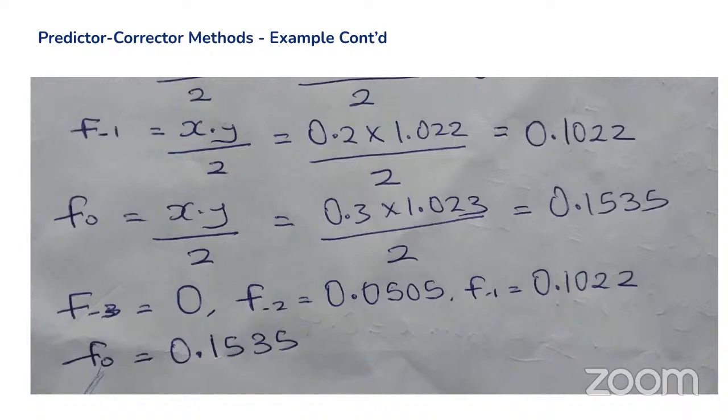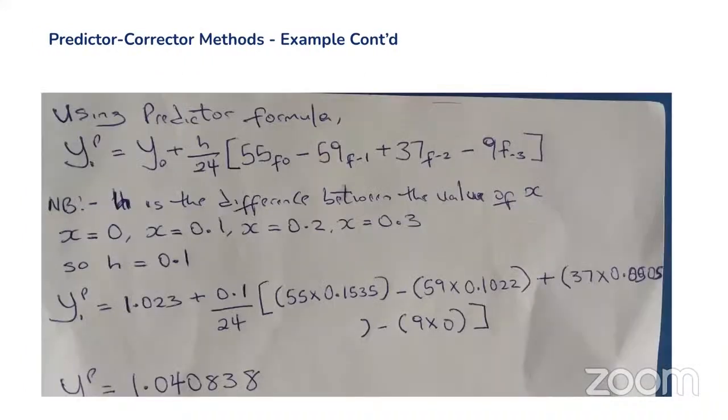0.1535. With all this, the next step is to use our predictor formula to insert where f naught, f minus 1, f minus 2, and f minus 3 are. I'm just going to the next slide.